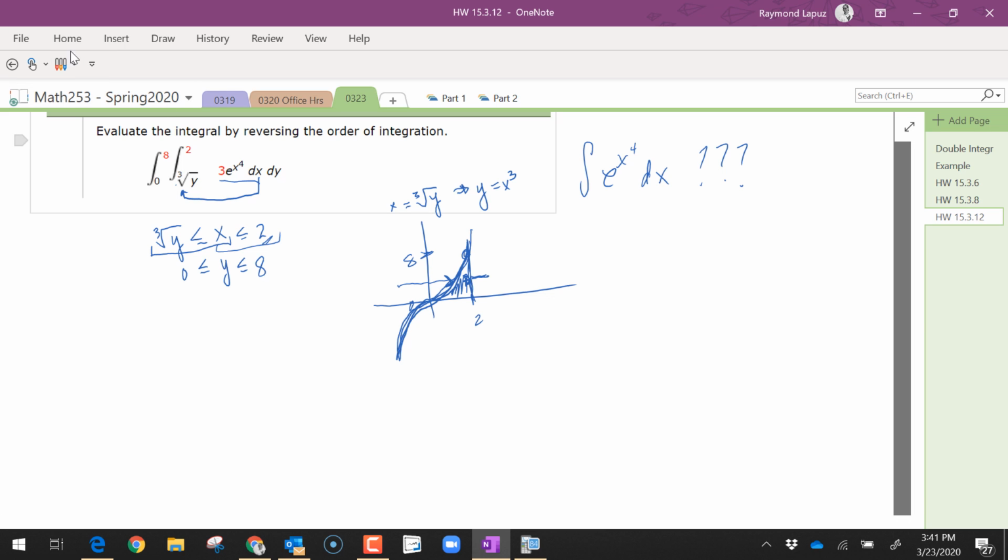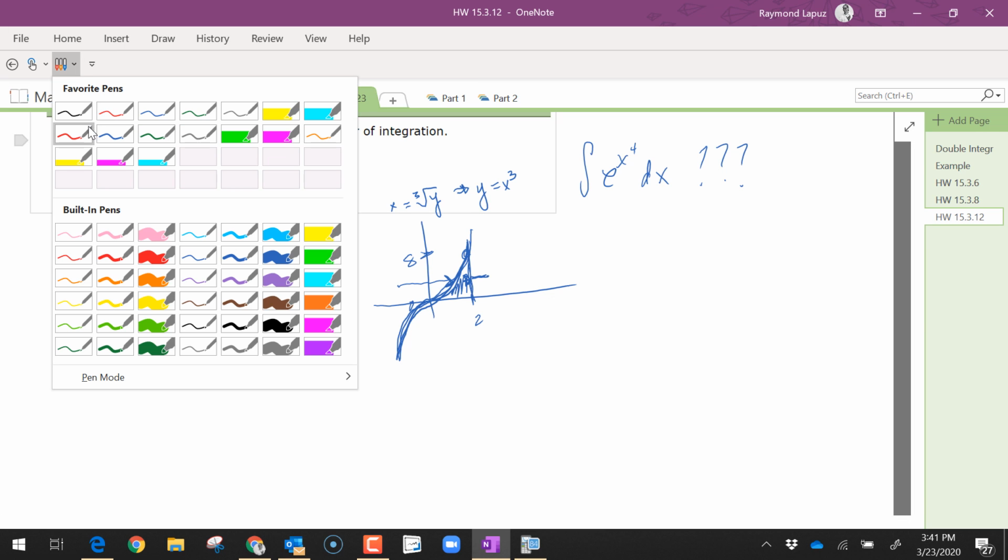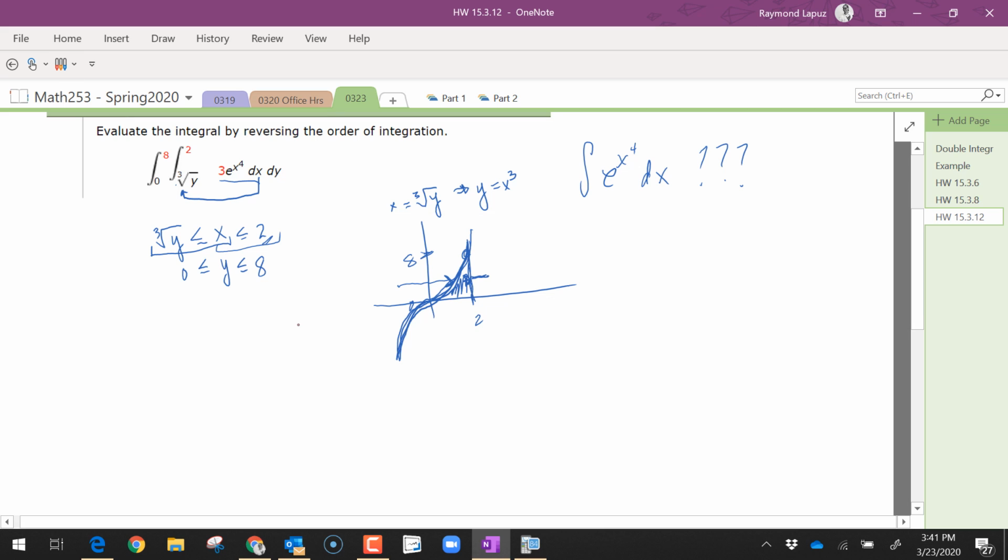So now we want to reverse the order, which means with the same drawing, I want to integrate with respect to y first. So I would draw a line parallel to the y-axis in and out of the region. So then my y limits are going to go first.